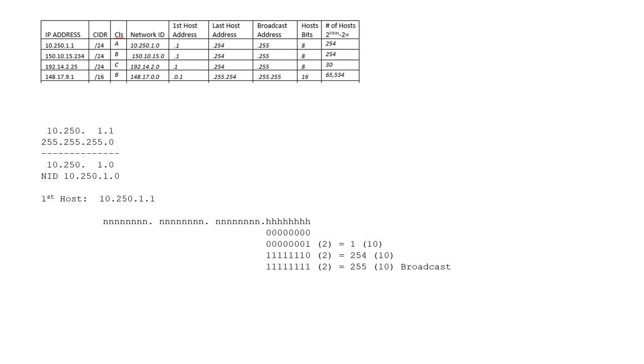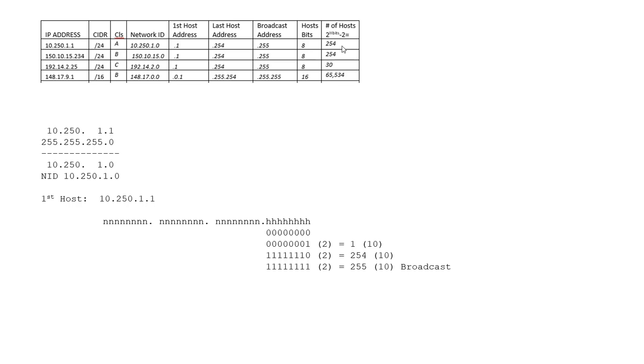So this is where I'm getting these values. The first host address is 1, right here. The last host address is 254, right there. The broadcast is 255. The number of host bits I've got is 8 bits, and the way I calculated that is I took 24, subtracted it from 32, and that gave me my 8 host bits.